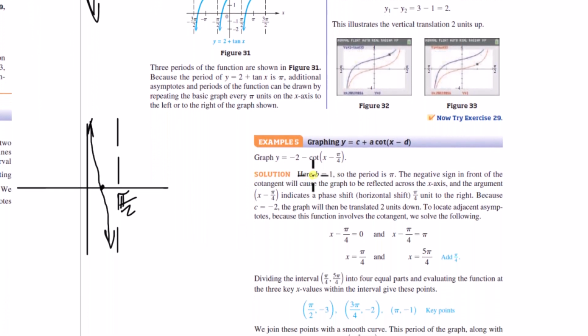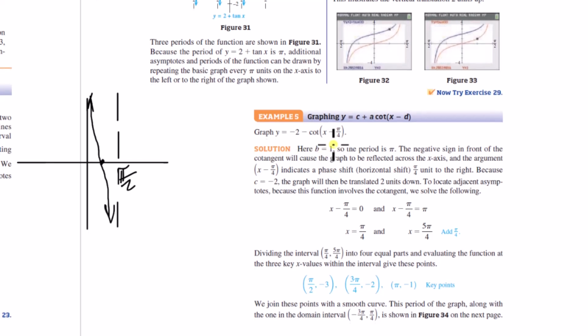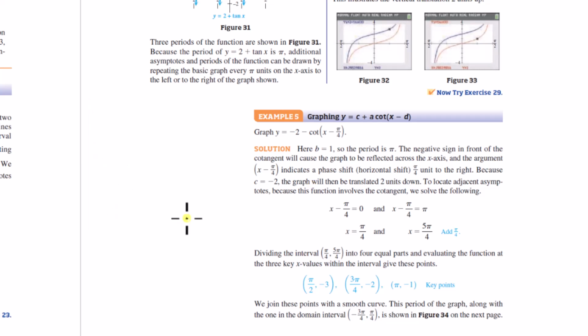Here they have a horizontal shift, and so all you're going to do here, so this is cotangent, is identify that there's been no scaling about the x. So we would normally sketch from 0 to pi over 2. But since it's been shifted to the right by pi over 4, now we're going to be sketching from pi over 4.